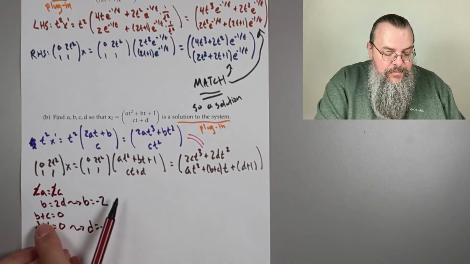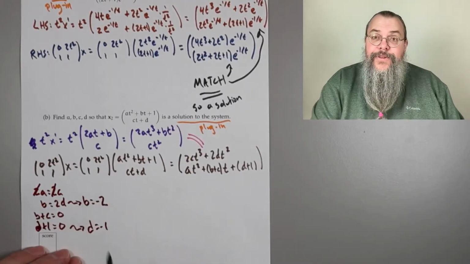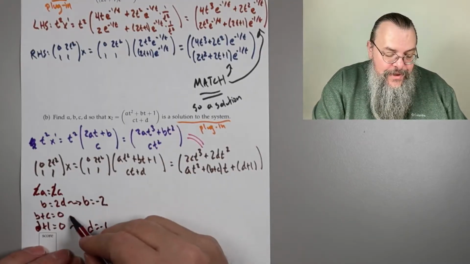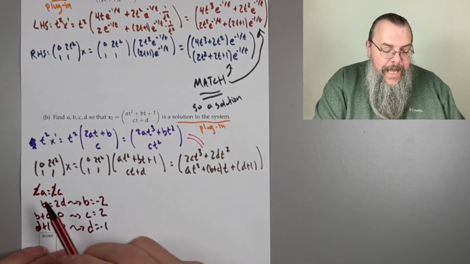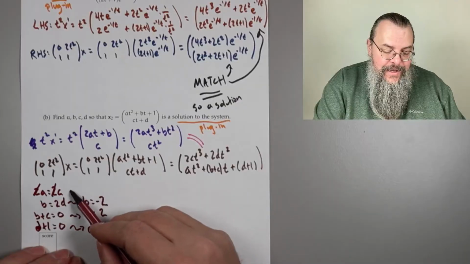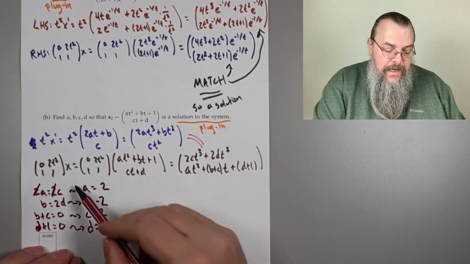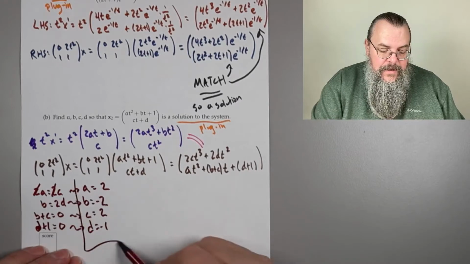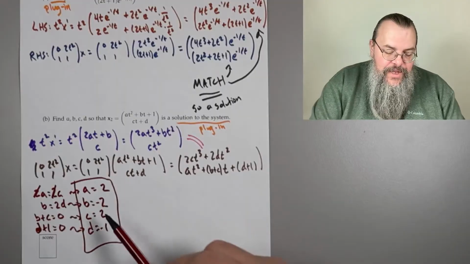But wait a second, b plus c equals 0. We now know that b is negative 2. So negative 2 plus 2 equals 0, so c has to equal 2. Hey, but a equals c. That tells us that a also has to equal 2. And that's our answer. So we found a, b, c, d.